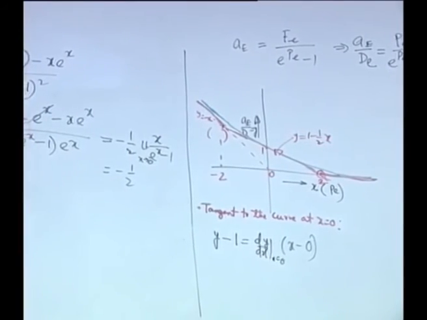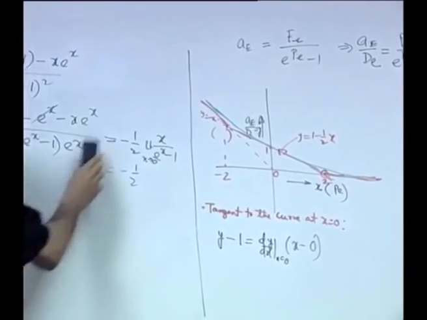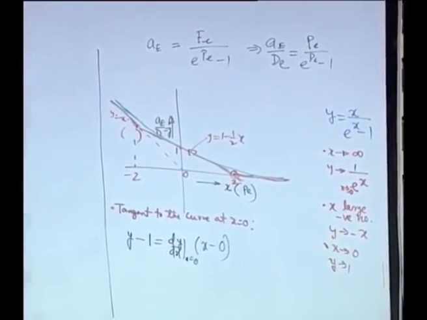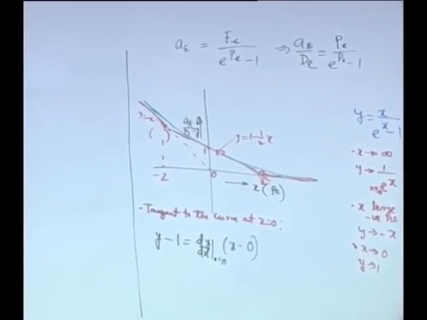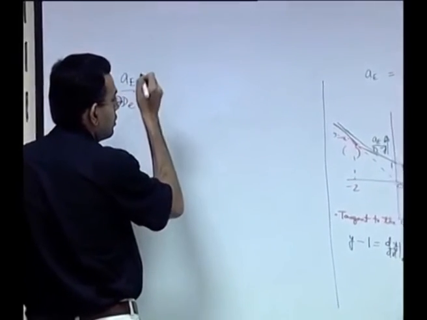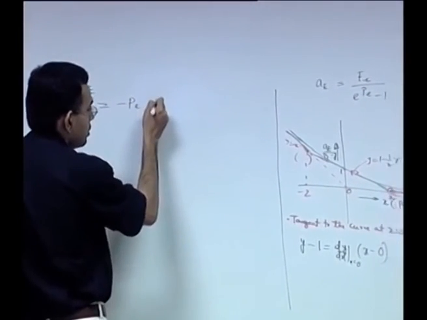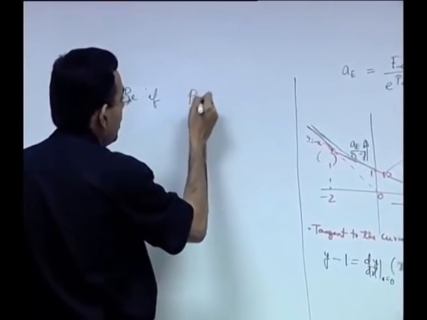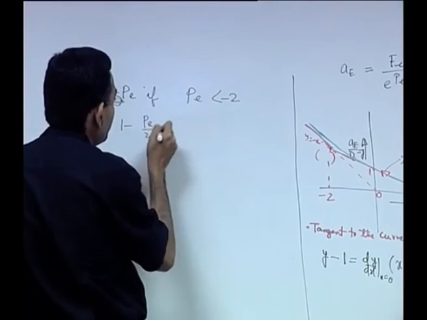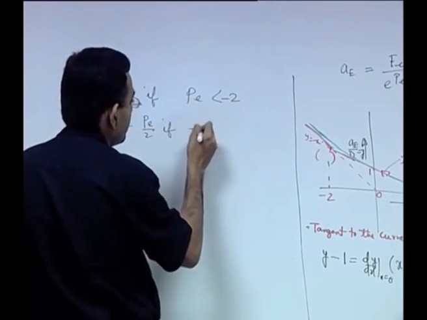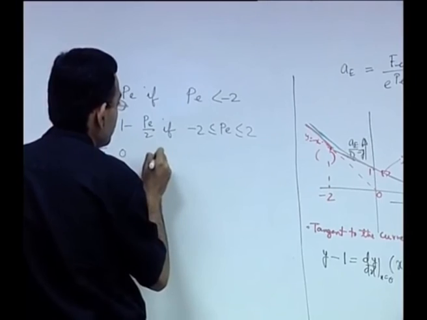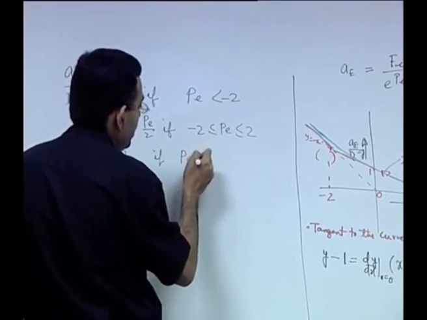So, you can represent this total function as follows. A by D is equal to minus P if P is less than minus 2, is equal to 1 minus P by 2 if P is between minus 2 and 2, and is equal to 0 if P is greater than 2.